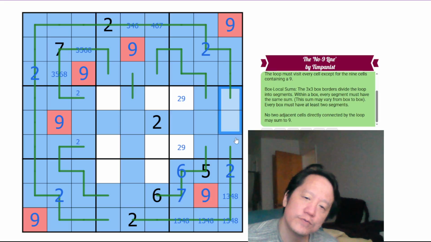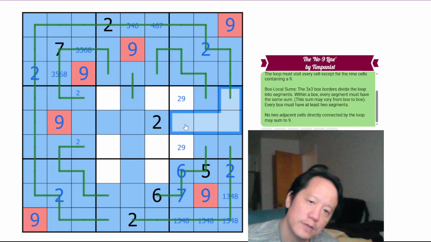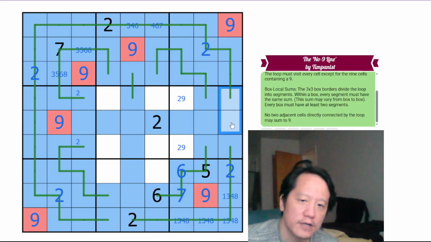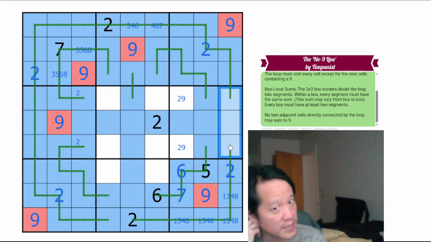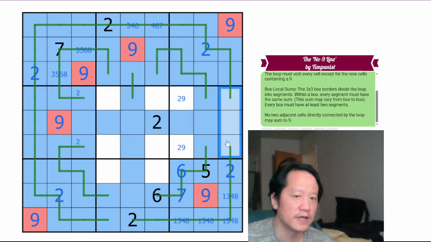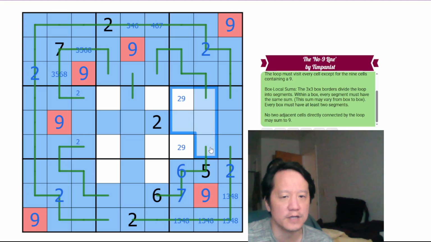So you can't do straight through. You can't go in the middle. So I think this has to connect here. And I think this has to do something funky like that, or something funky like that.